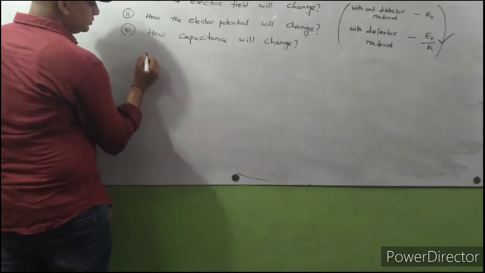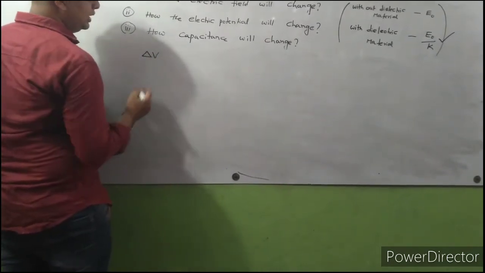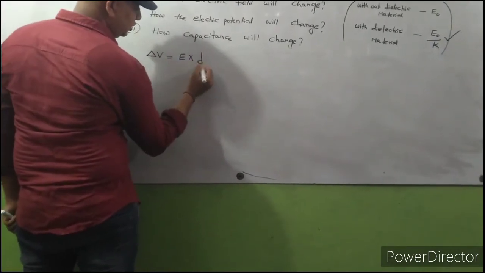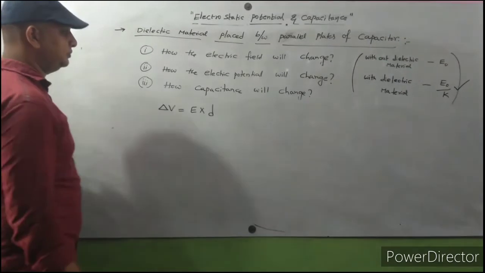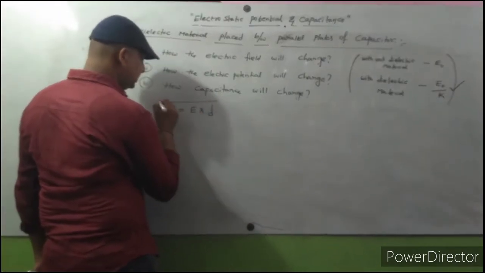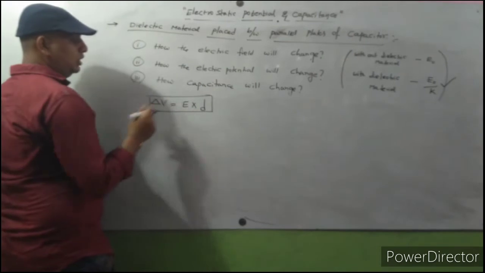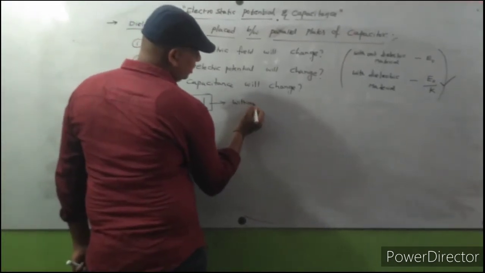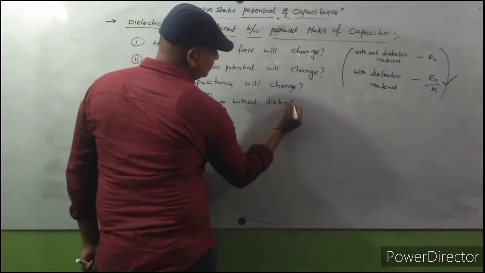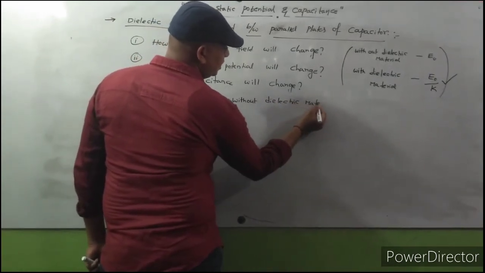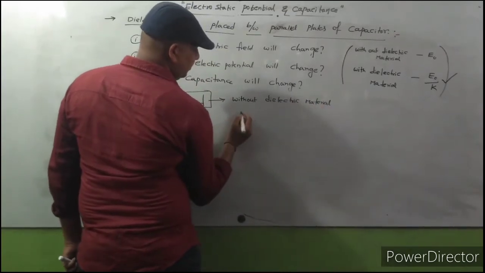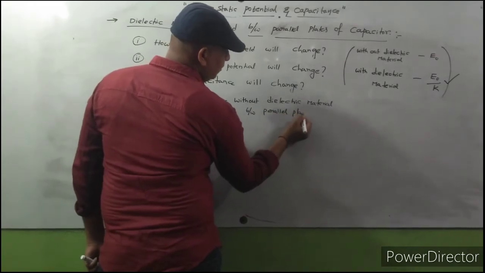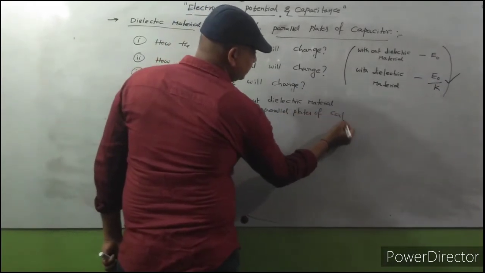The potential difference formula is delta V equal to E into D. Initially, this is without dielectric material between the parallel plates of the capacitor.